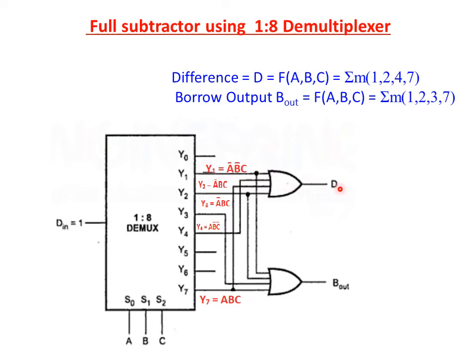The expression at this position is difference and here is borrow. For the difference, the terms are 1, 2, 4 and 7. And for borrow, 1, 2, 3 and 7. So this way we can implement the full subtractor.